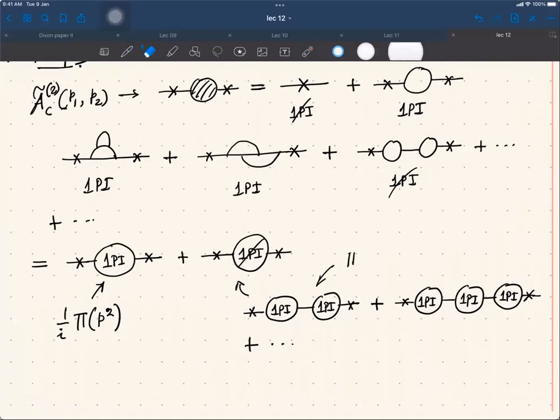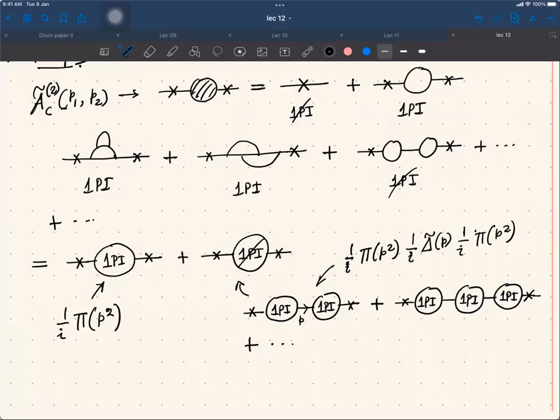Then if this is p, one should have a p flowing here, so that will be 1 over I pi of p square, 1 over I delta tilde p, and 1 over I pi of p square. So there are two factors of 1 PI, and therefore two factors of pi connected by a line. Here there will be three factors of pi connected by two lines. That is how it is going to repeat, and it looks like a GP series.